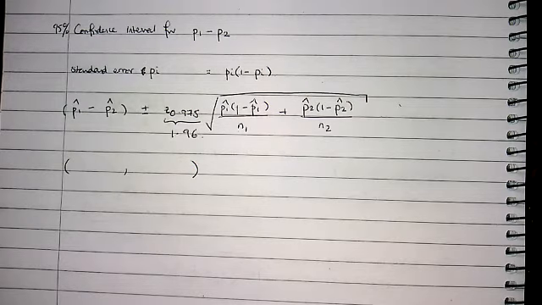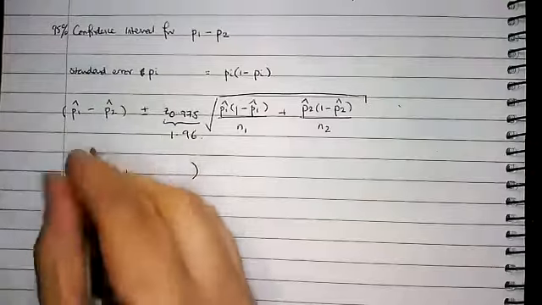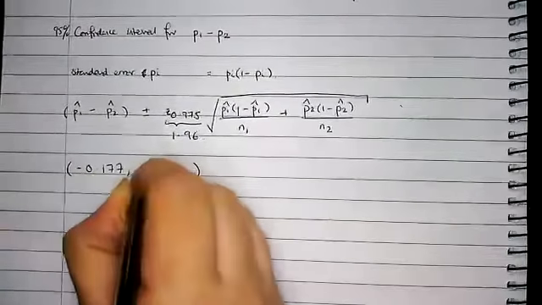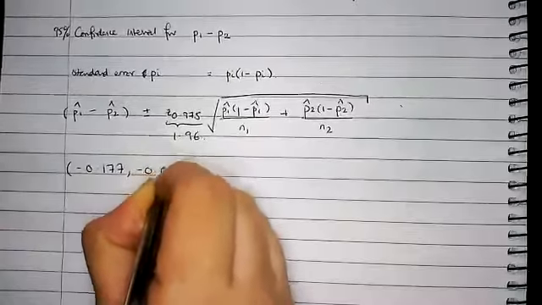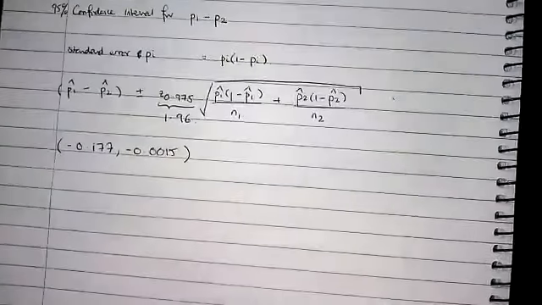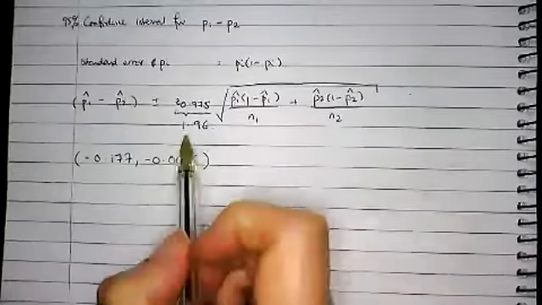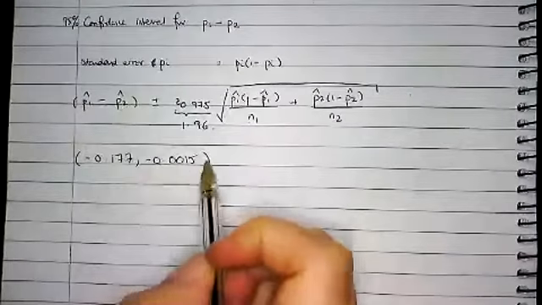Yeah, I can sort of understand that if you made a calculation error, you might get one that was so close to 0 that it would give you the impression that you can't rule out the possibility that the difference is 0. But I got 2 negative values. I got minus 0.77 and minus 0.0015. Now, I've got 95% confidence that the actual difference between P1 and P2 is in this range.